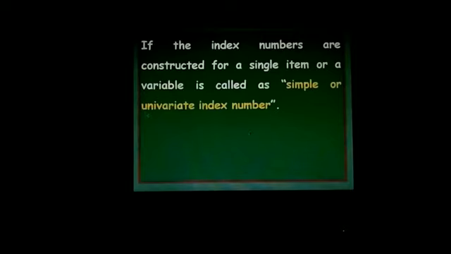You know already, univariate in the sense uni means single, one. Univariate, bivariate, and all those you have understood in the previous year already. Correct? So univariate in the sense one variable. So based on one variable or a single item, if the index numbers are constructed, they will be called simple index numbers.